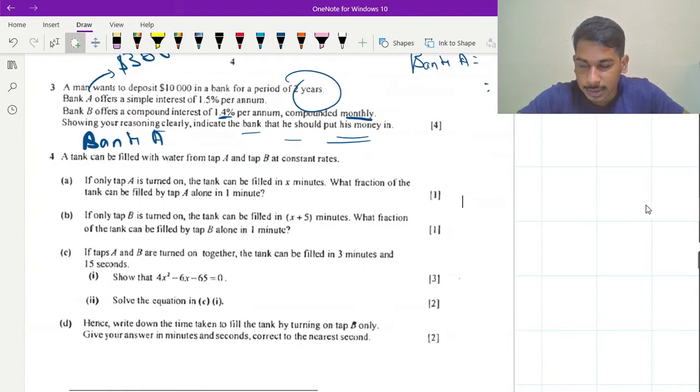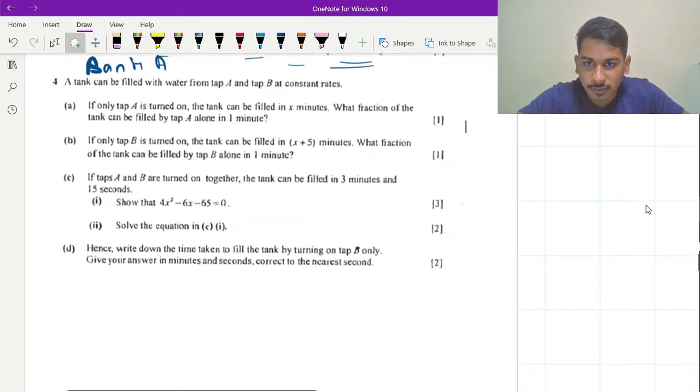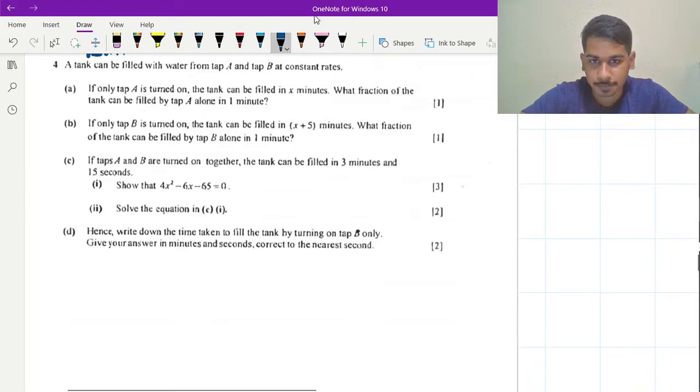Okay, a tank can be filled with water from tap A and tap B at a constant rate. If tap A is turned on, the tank can be filled in X minutes. What fraction of the tank can be filled by tap A alone in 1 minute?